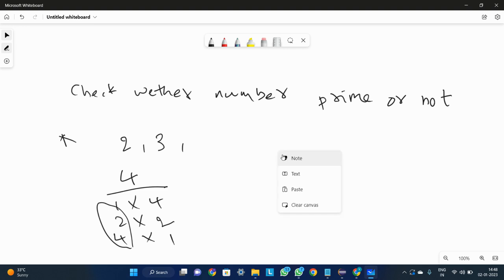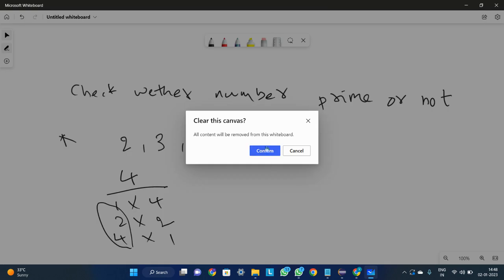Now we will write a code to understand it. Let's take any integer, for example, n is equal to, suppose, 12. Let's write its factors and understand how we are going to write code for it.